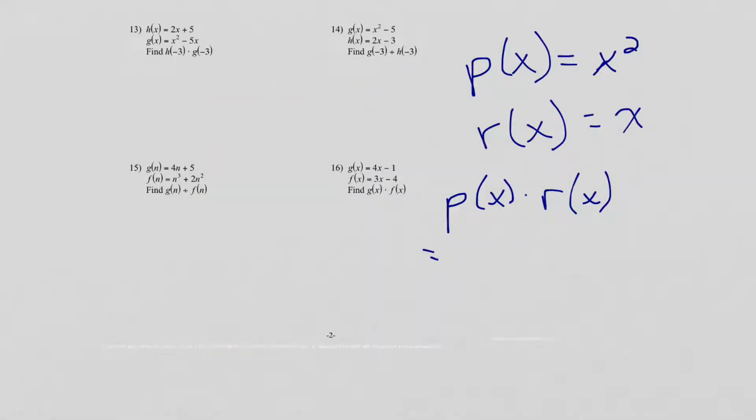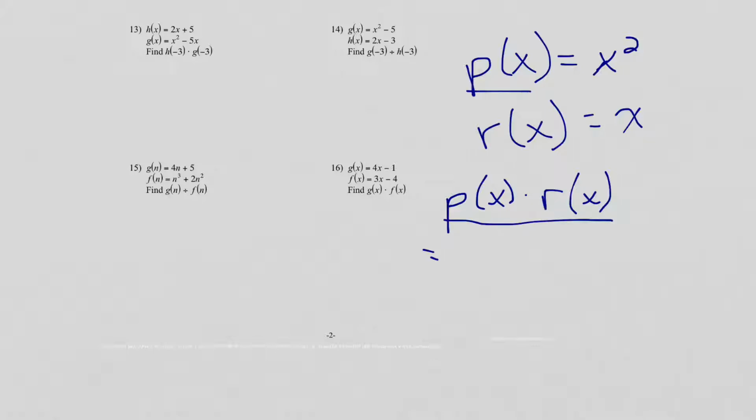We continue operations with functions now, looking at what happens when you multiply functions together to get, again, arguably a new function. You could give it a new name. It depends on the context, but let's keep things simple here. We're just looking at what happens when you multiply p of x by r of x.